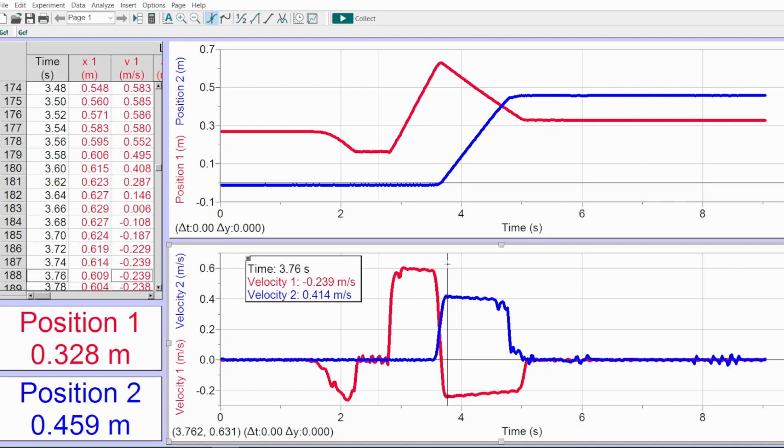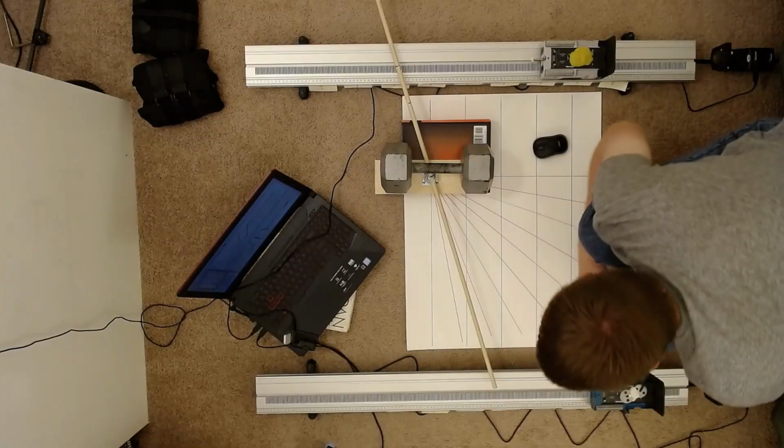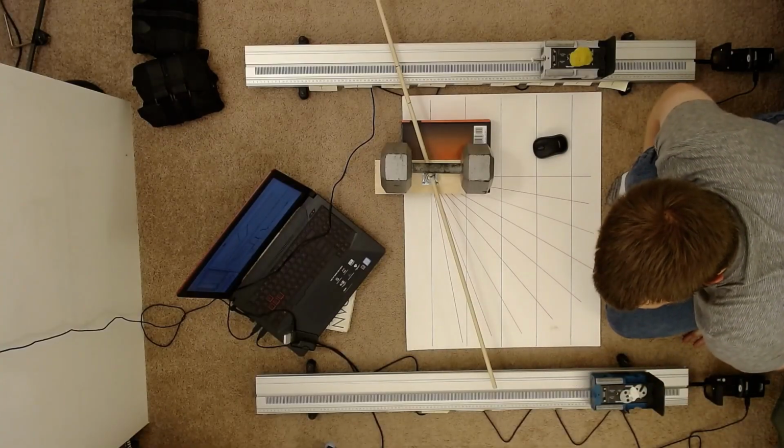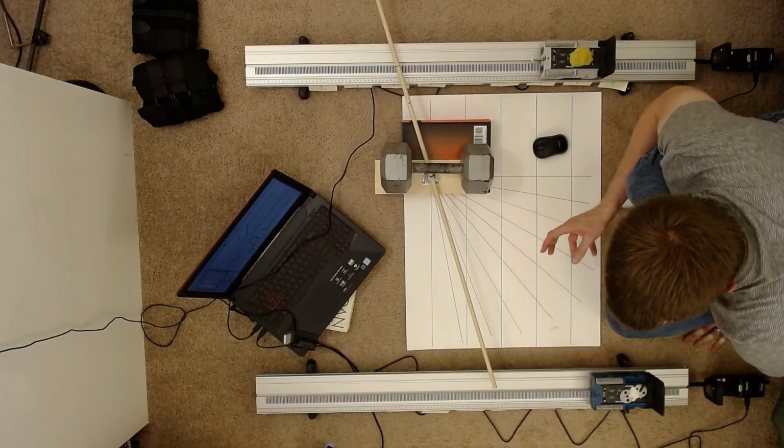After the collision, cart 1 bounced back and has a velocity of negative 0.239 meters per second. Velocity 2 is 0.414 meters per second. And let's analyze this data to again see if the angular momentum is conserved in these cases.